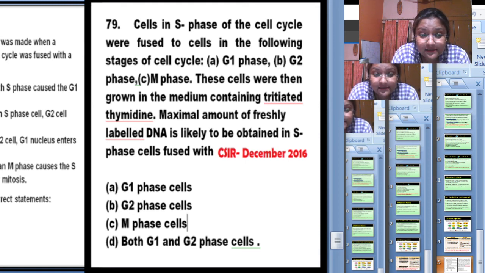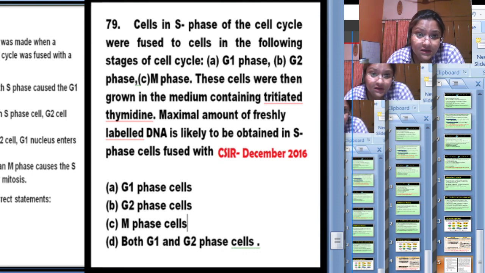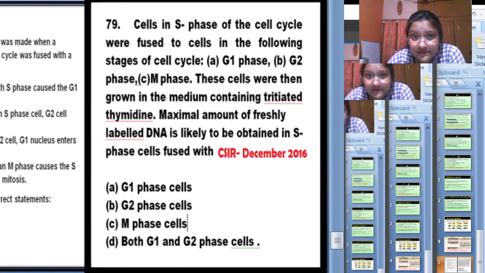Now they are asking the maximum amount of freshly labeled DNA. The labeled DNA will be present in which other cell? We know that after G1 phase only the synthesis phase arrives.